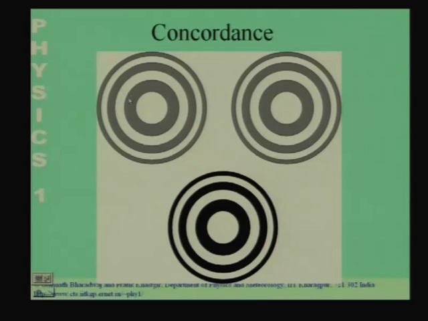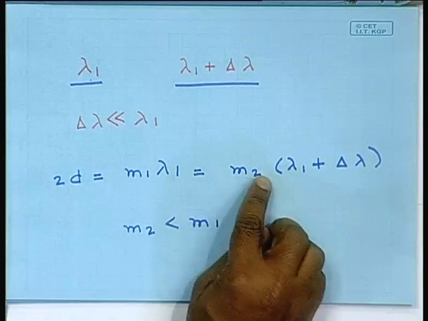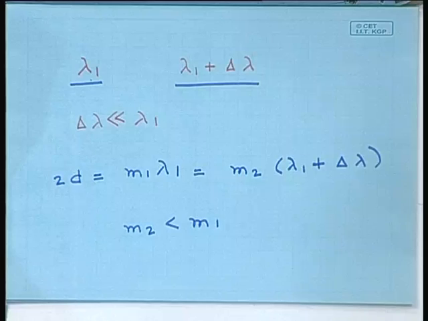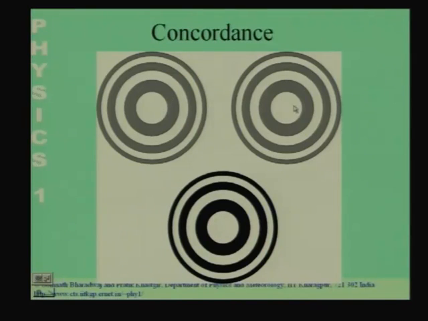This is exactly the opposite situation, where we have a bright spot in the center for both of them. But bright spot and dark spot can be handled in exactly the same way. You have to just add a factor of half over here and here. So, this shows you concordance. This is the fringe pattern corresponding to lambda 1.